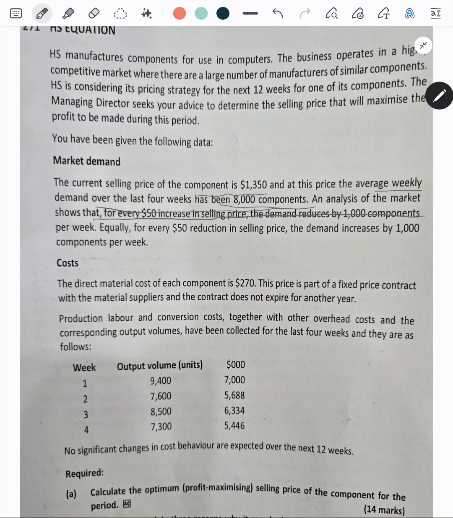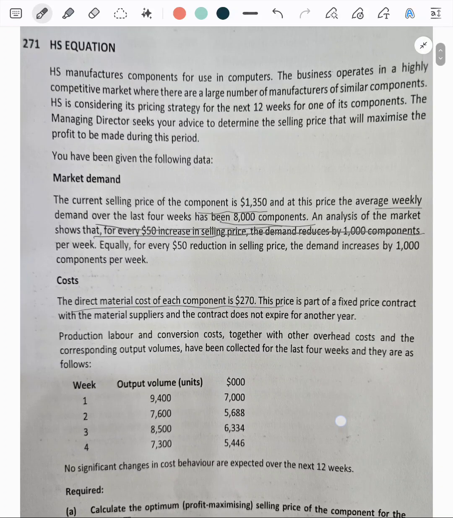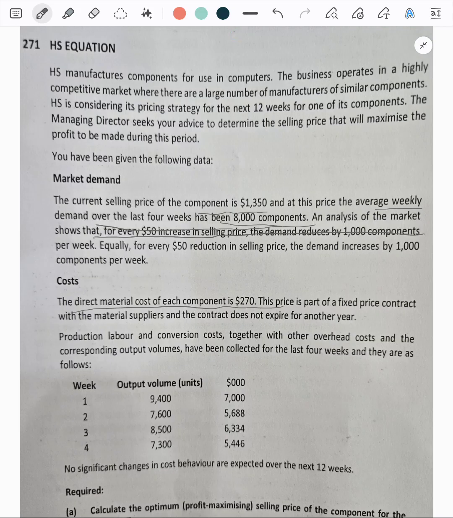Now further they have given that the direct material cost is 270. So we have been given some information about the variable cost as well. If we have direct material cost, is this information enough? What other information is given? Production labor and conversion cost together with the overhead cost and the corresponding output volumes have been collected. That means we'll have to calculate the production labor and conversion cost.